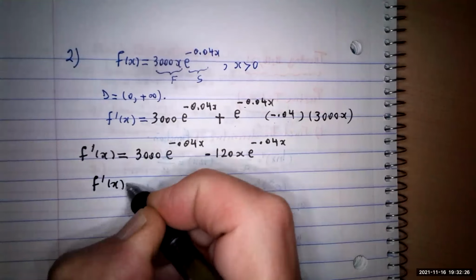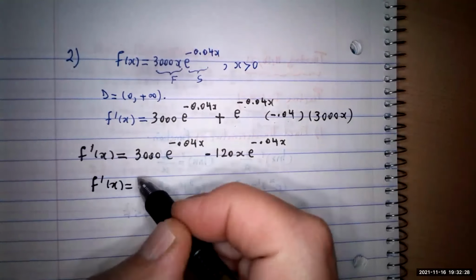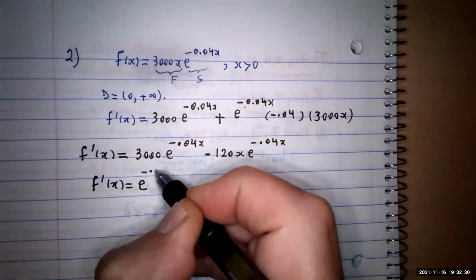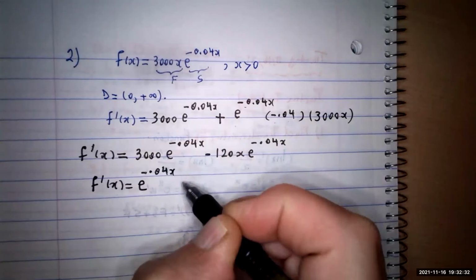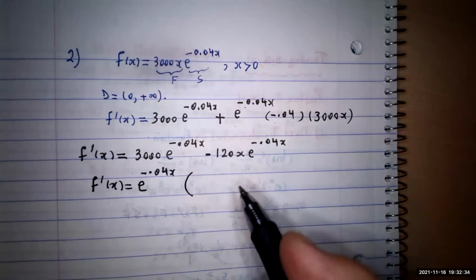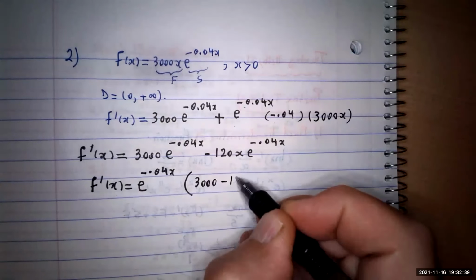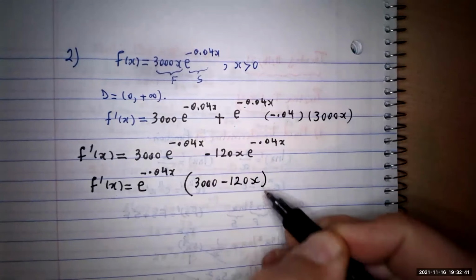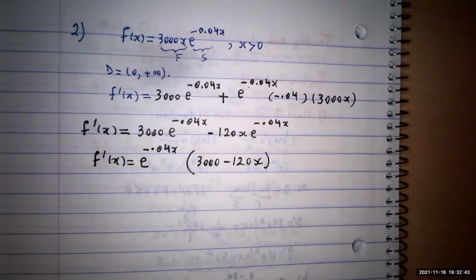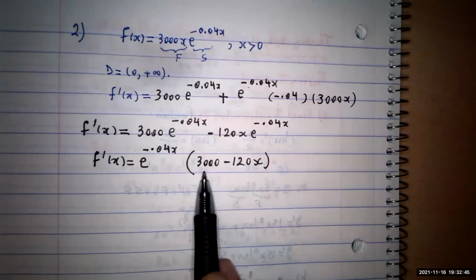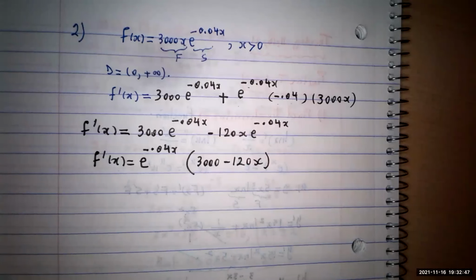F prime of x is equal to the e out, e to the negative 0.04x. So the leftover is going to be 3000 minus 120x. You see? When you put it out, this would appear nicely, and then when you let it equal to 0, you'll be able to solve the equation right away.